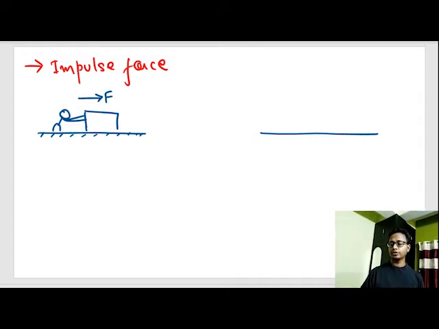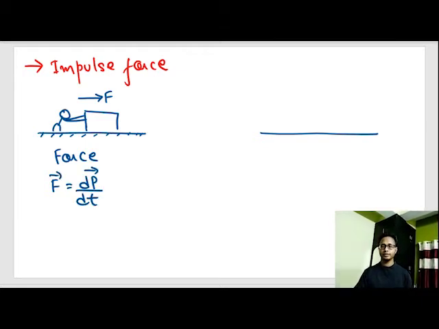I'm applying some force to this body. When I'm applying the force, I was pushing it continually, so the force is continually changing its velocity. That means I'm continually applying the force, and Newton said that F is equals to the rate of change of momentum, dp by dt, and this is equals to force.